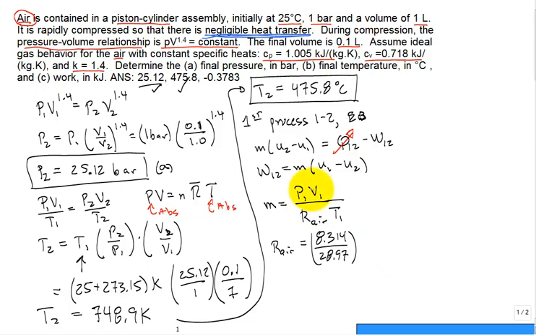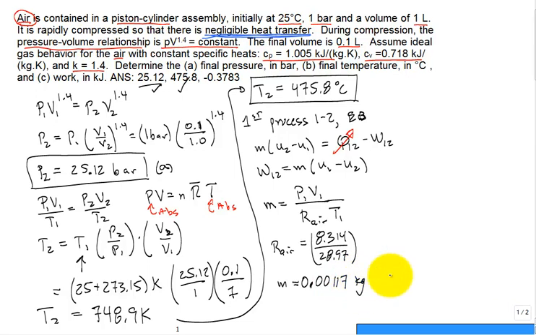Boom, you get that, plug it in, and you can calculate the mass of the air comes in at 0.00117 kilograms, and you would keep more digits in your calculator.